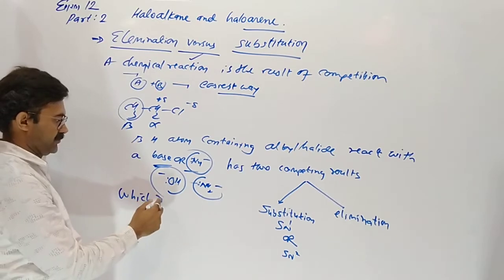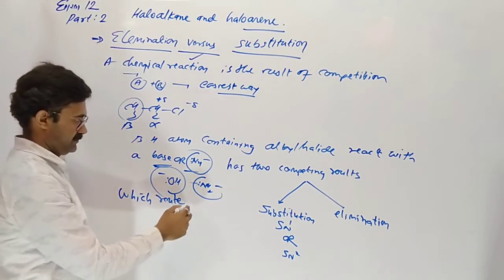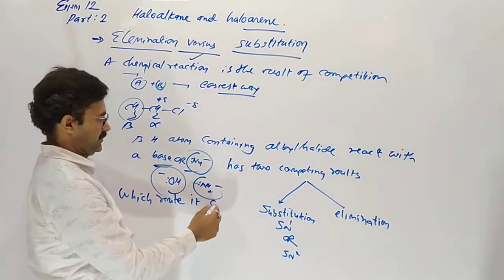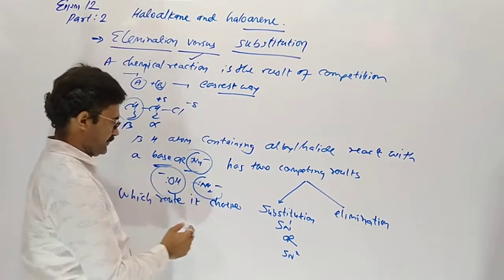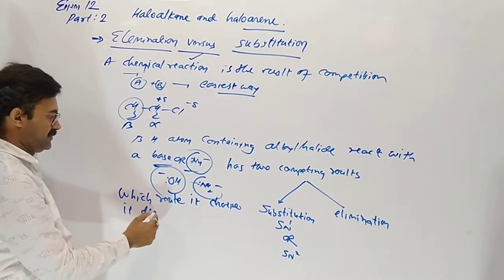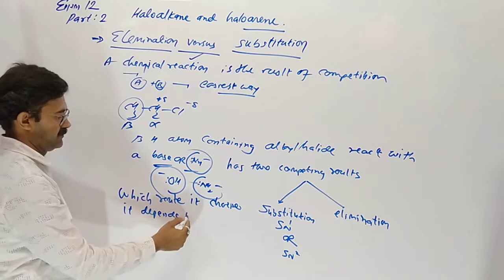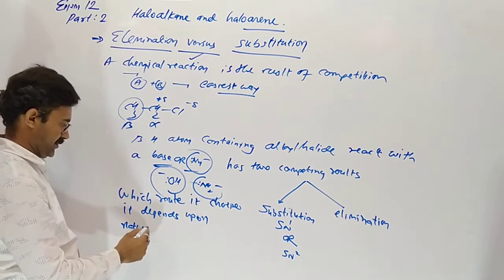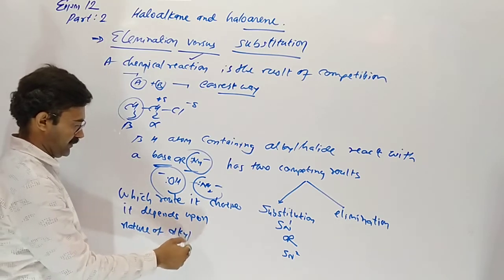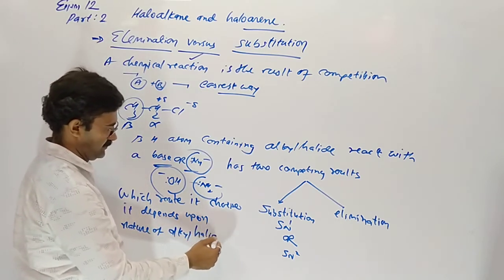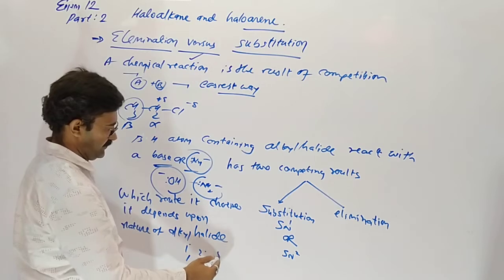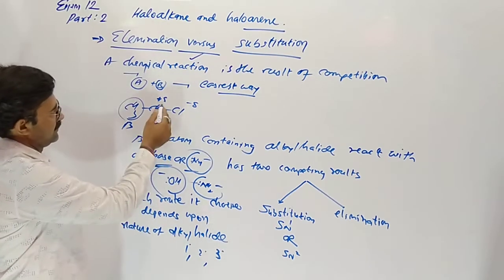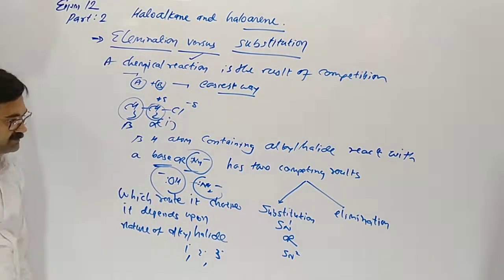Which route it chooses depends upon the nature of the alkyl halide, meaning primary, secondary or tertiary. This one is primary.